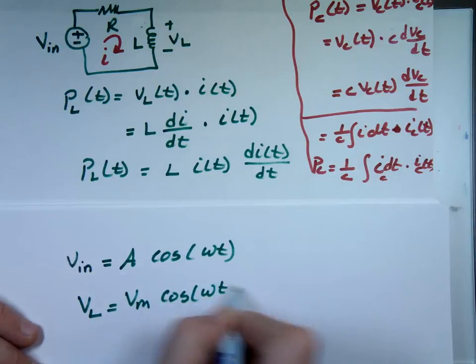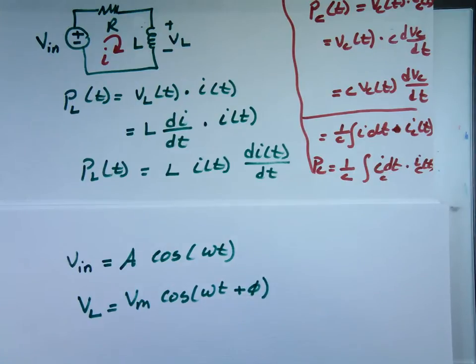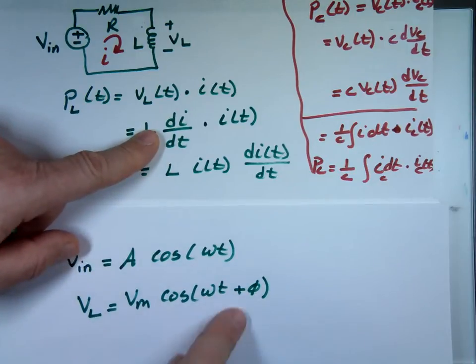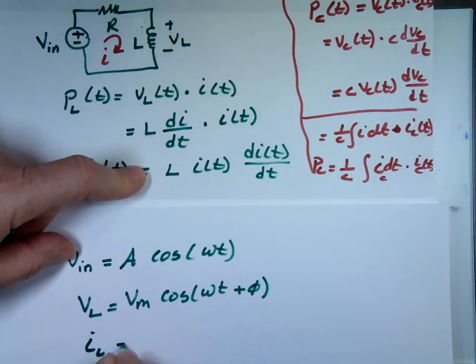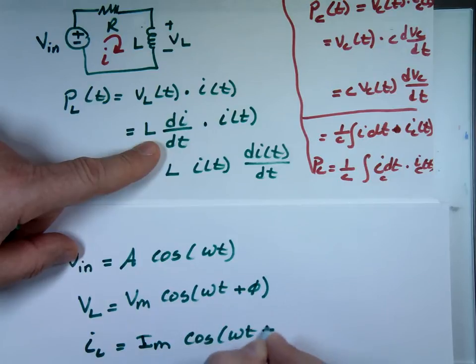That doesn't change, but it's going to have a phase shift. And if you take the derivative of that, derivative of cosine is what? Negative sine. And that's really nothing more than just changing a phase shift. So the current through that will be, instead of derivative, I can write I sub m cosine Wt plus a different angle, theta.